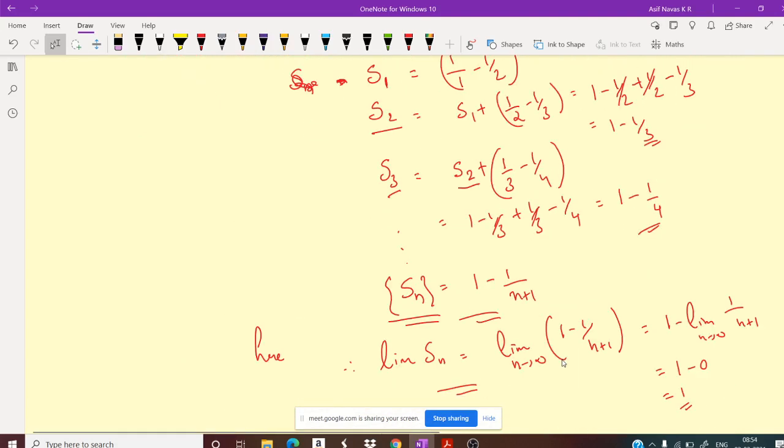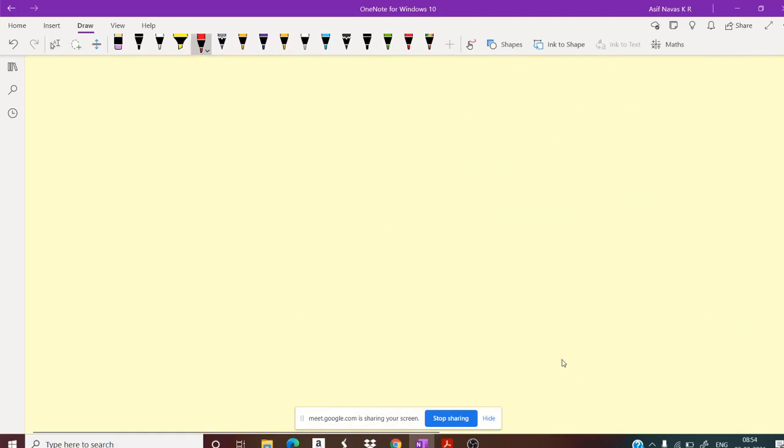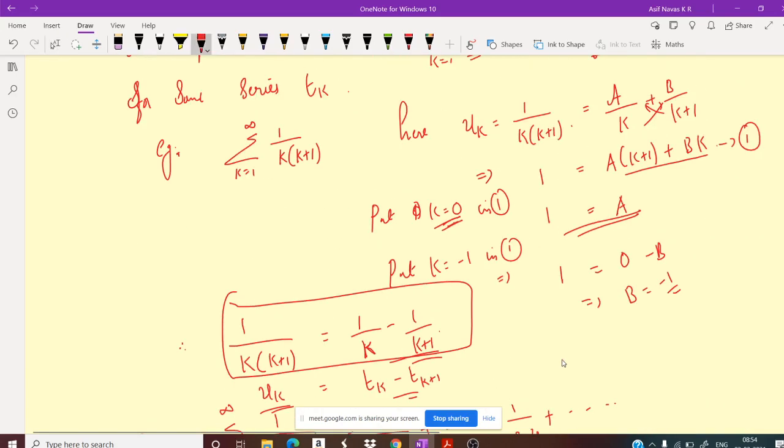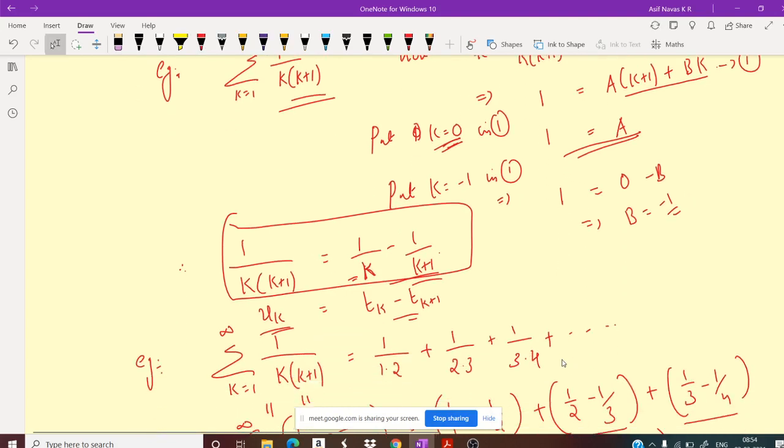So what we did is, for a telescopic series, 1 by k into k plus 1 can be written as 1 by k minus 1 by k plus 1, and then we can write the series in this format.